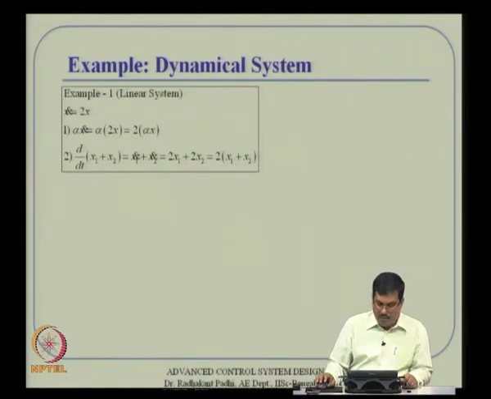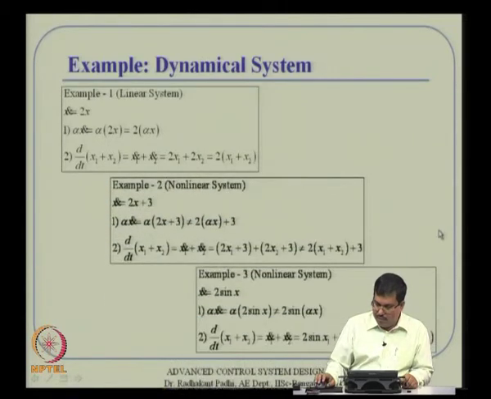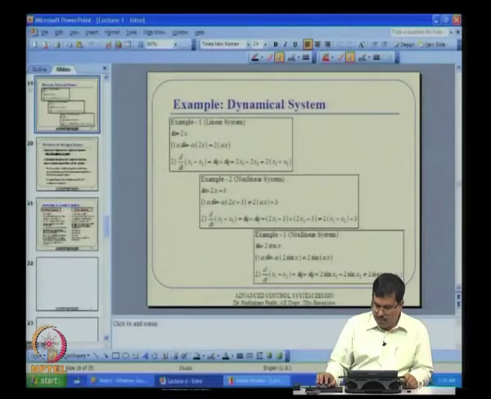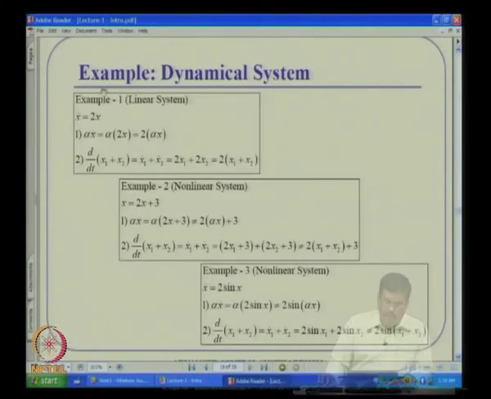I will demonstrate this through an example. So, let us first discuss a linear system. Let us talk about a dynamical system, example 1, which is x dot = 2x.